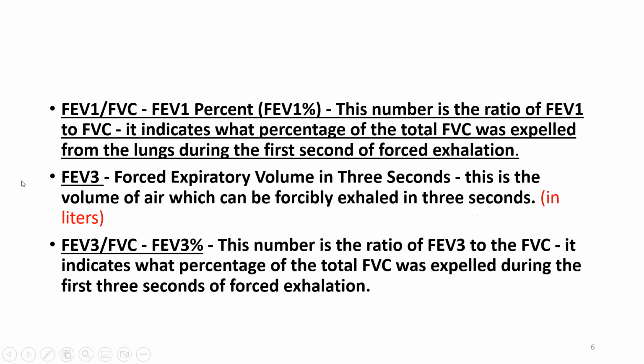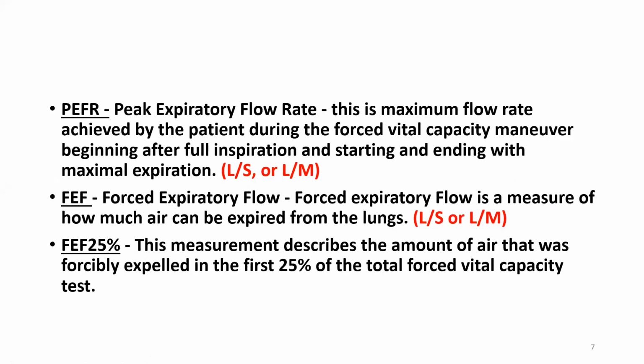There are other parameters like FEV3 and the ratio between FEV3 to forced vital capacity, which is not our concern today. The peak expiratory flow rate is the maximal flow rate achieved by the patient during the forced vital capacity maneuver, beginning after full inspiration. It's starting and ending with the maximal expiration.